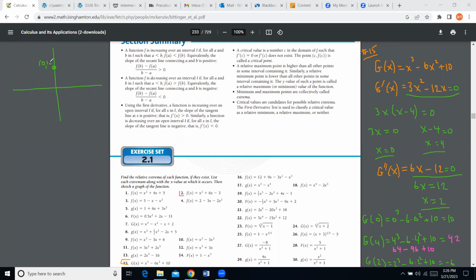Then at x equal to 2, I got -6. So at 2, it's -6, someplace down here. And then when x is 4, then we got a 42. Okay, at 4, so all the way up someplace, 42 level.